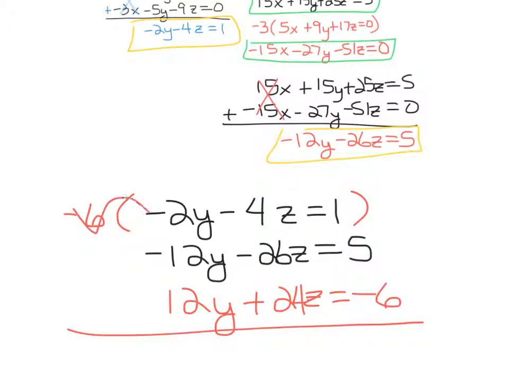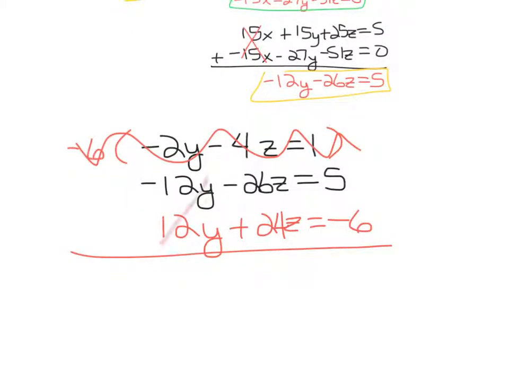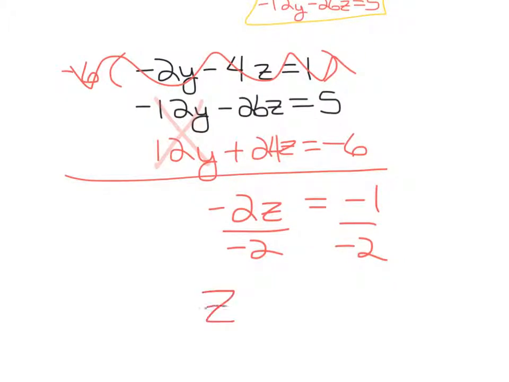Now I can add them. This is gone, and I'm left with -2z equals -1. Divide by -2, z equals positive half.